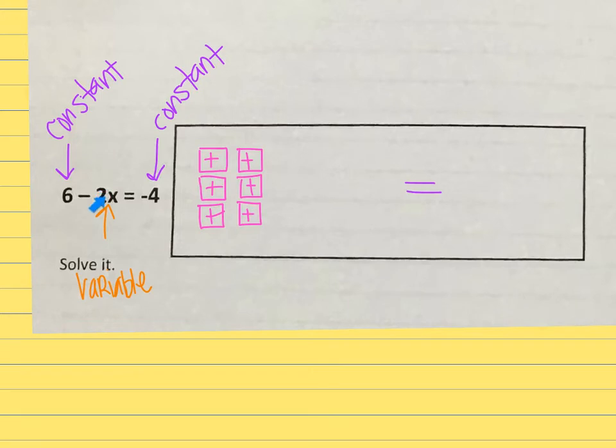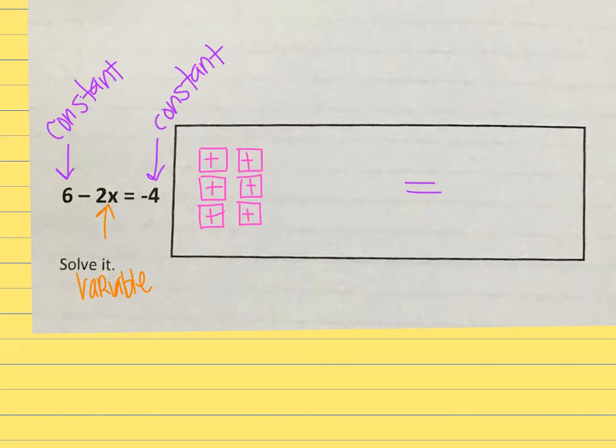Then the second part, it says minus 2x. So I'm not going to draw a minus sign. I am going to pretend like this minus sign goes with the 2, and represent it as saying negative 2 shapes for the variable. I'm going to use rectangles for that. You can use the same color or you can switch.